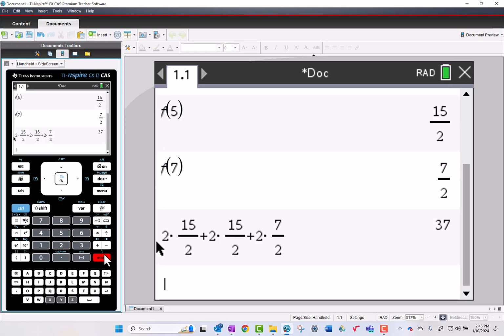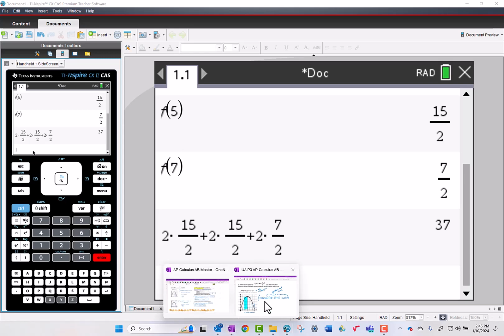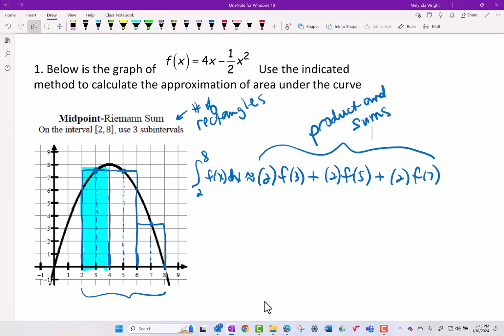So I made my calculator do the products and the sums for me. Are y'all okay with that? I just plugged that in. So we got 37. Just let me go back to the document. Okay, so that means that this is approximately 37, and we don't have any units to go along with it. So it's just 37.